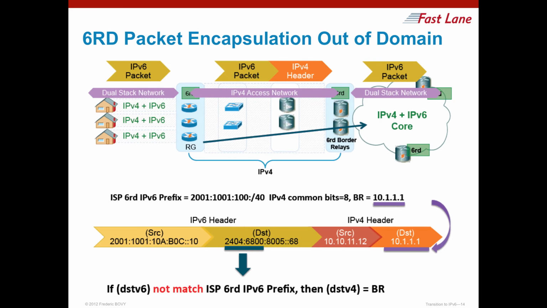If the IPv6 destination does not belong to the same domain, then it must be forwarded by the border relay. In this case, the residential gateway, the CPE, is configured with the border relay address, and instead of encapsulating the traffic directly to the neighbor, it forwards it to the border relay to get sent to the IPv6 Internet.